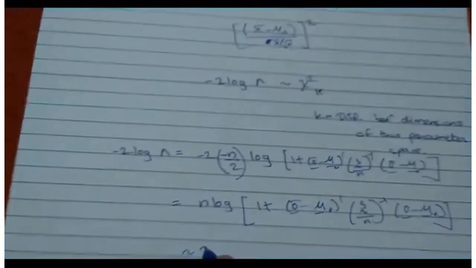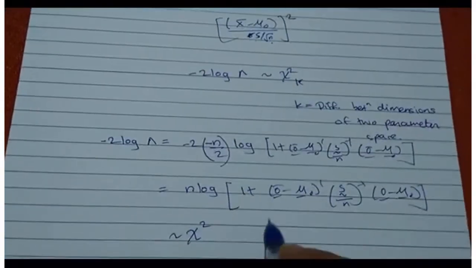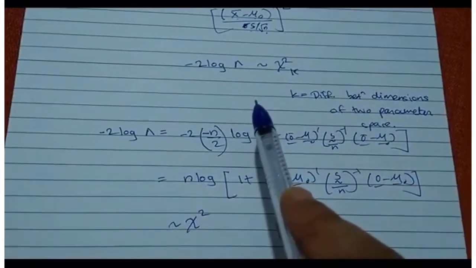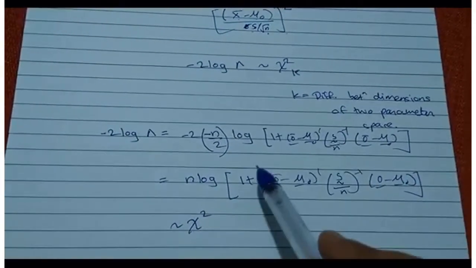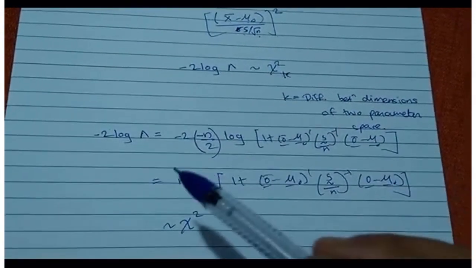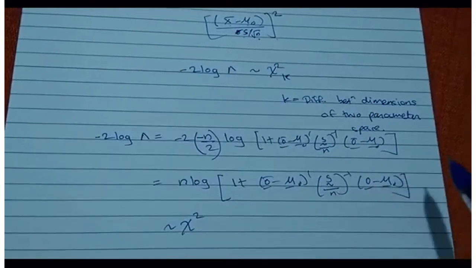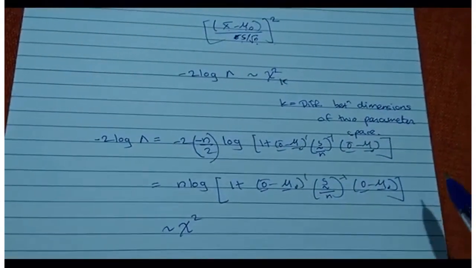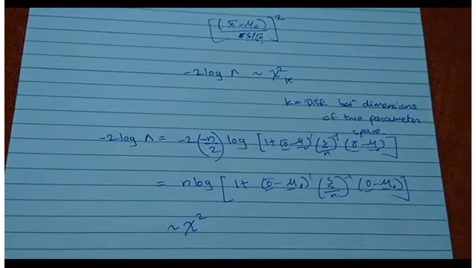And this would follow a chi-square distribution with the difference between the two parameter spaces. So under H naught we estimated only sigma naught hat because mu naught was known. Whereas under the overall setup we estimated both mu hat as well as sigma hat. So the number of unknowns in sigma hat and the number of unknowns in sigma naught hat are exactly the same. So they will cancel each other out.